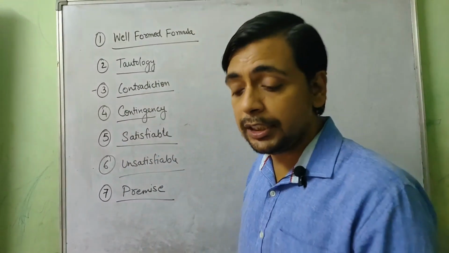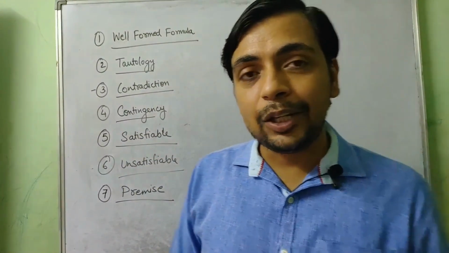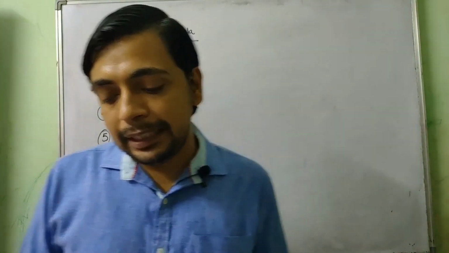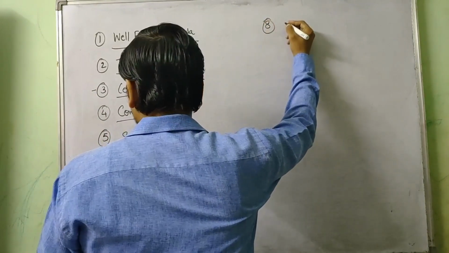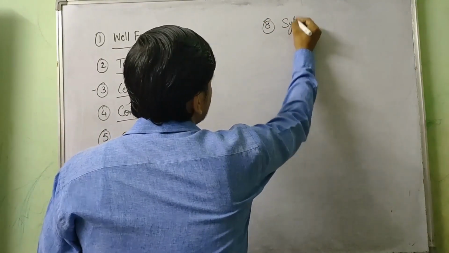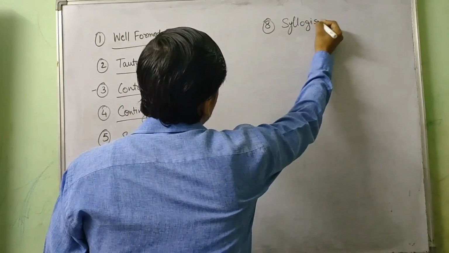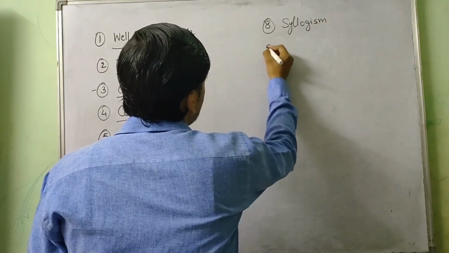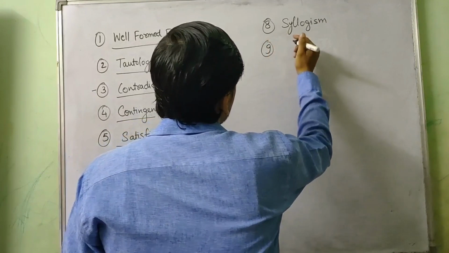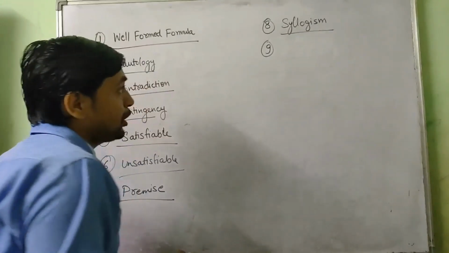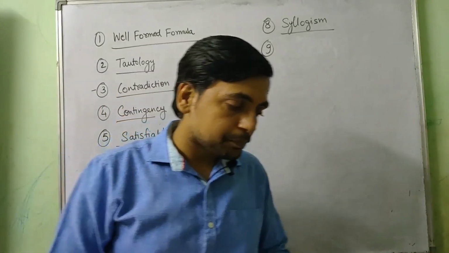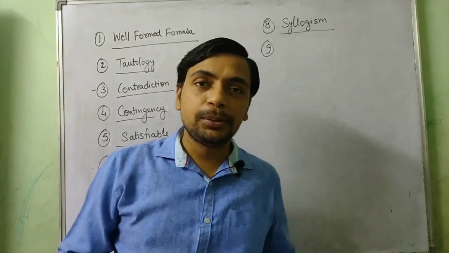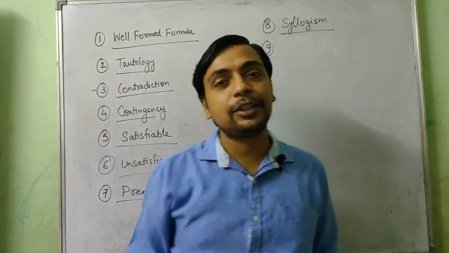Okay. Syllogism. Now what is syllogism? Syllogism is, this is the next definition, when two premises are there and the combination of them gives a conclusion. For example, all students are good and you are a student.